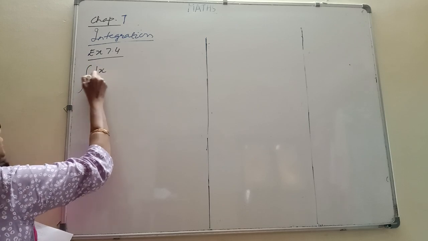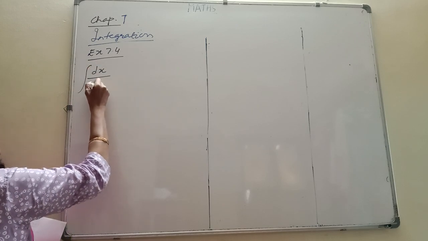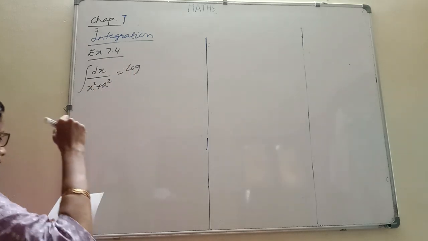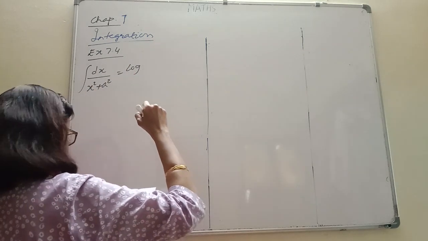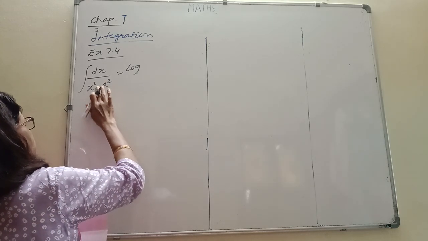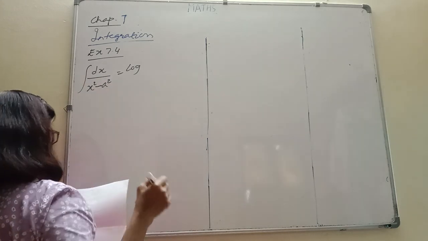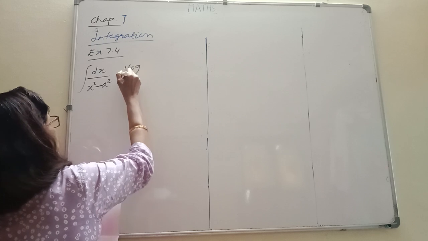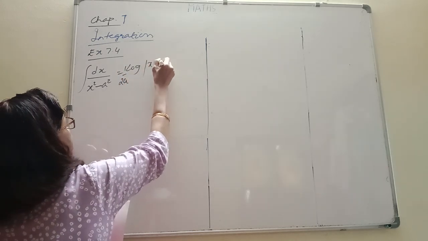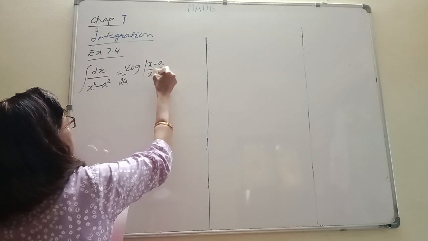First one, integral of dx over x squared plus a squared is going to be log of x squared plus a squared. Okay, let's start with x squared minus a squared. The integral of dx over x squared minus a squared is 1 over 2a log modulus of x minus a over x plus a plus c.